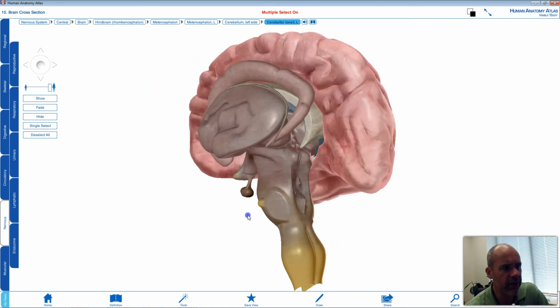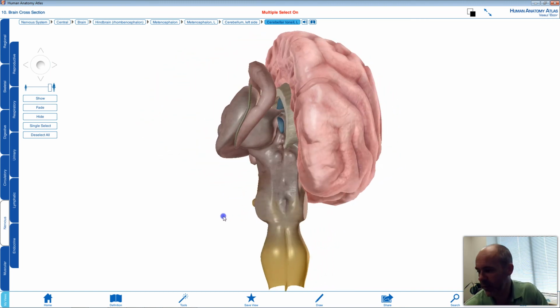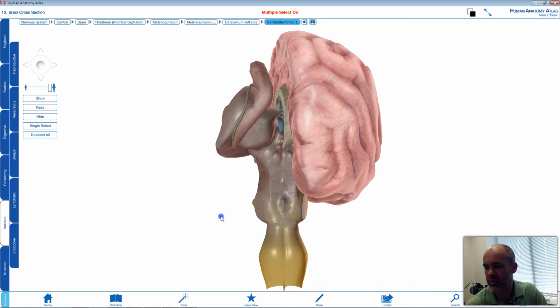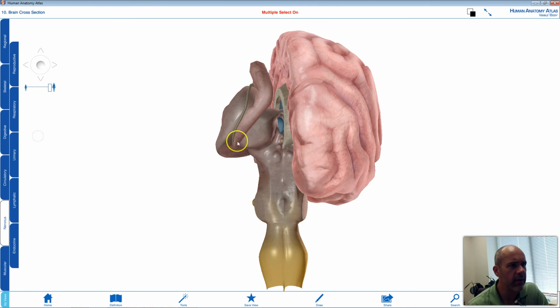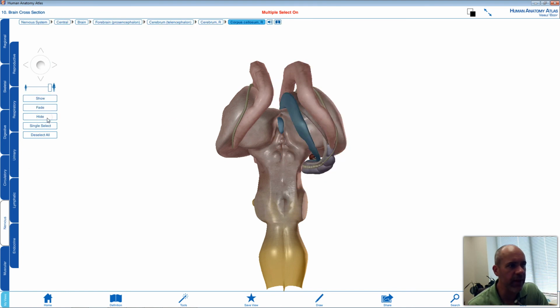All right, if we rotate our brainstem around, there is a feature on the midbrain. That's the right half of the corpus callosum. Let me strip that off.